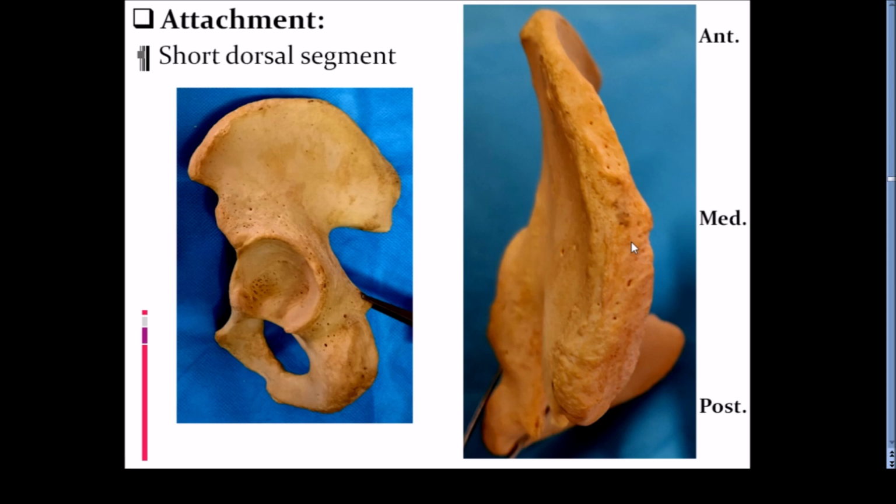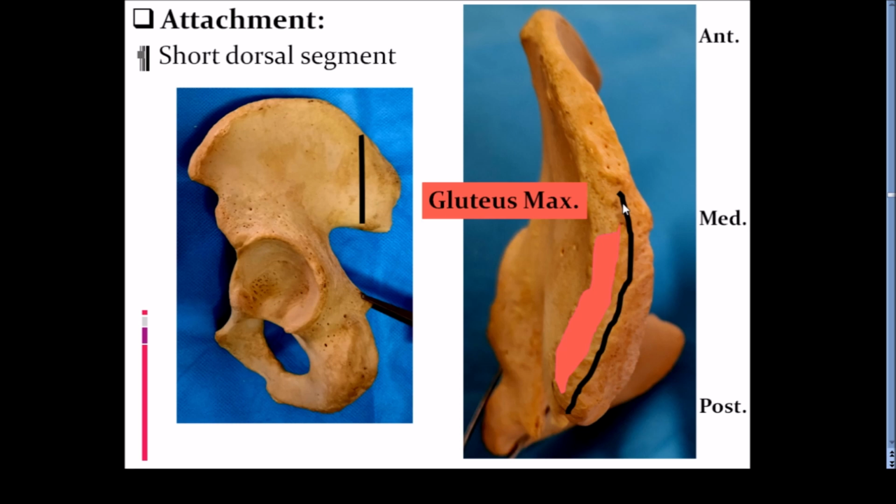Now the short dorsal segment. As we already saw, the short dorsal segment has a lateral slope and a medial slope, separated by a ridge. The lateral slope gives origin to the gluteus maximus muscle, and the medial slope gives origin to the erector spinae muscle.